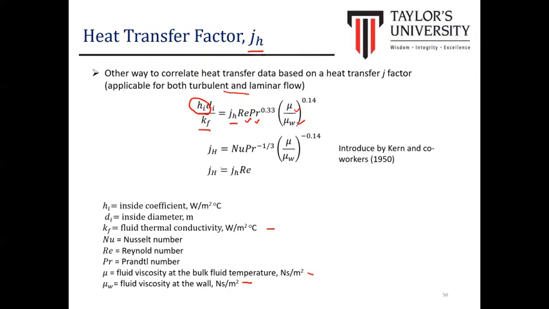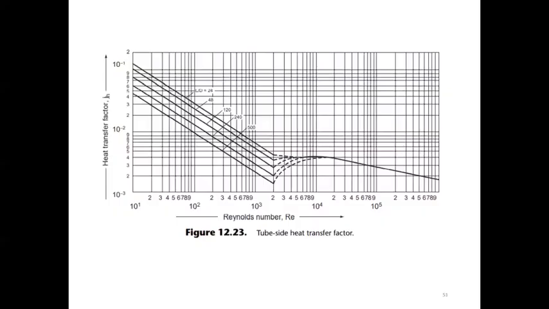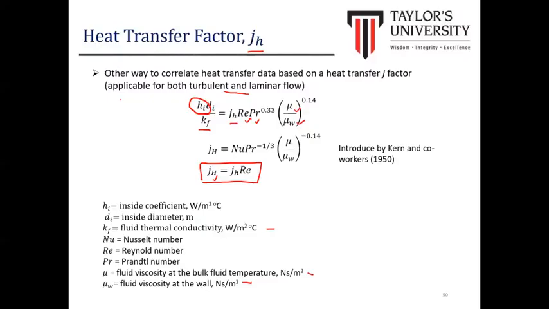Then you use this to obtain the JH factor, the heat transfer factor. Use the Reynolds number to obtain JH, and you may insert it into this to obtain this value. Or otherwise, you use this information as well.